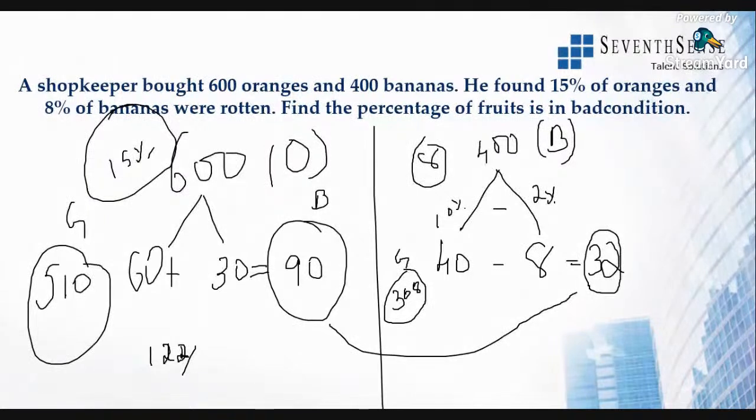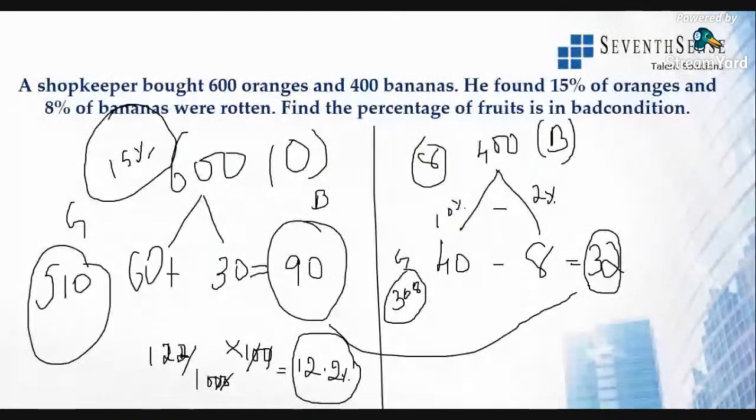Total fruits is 1000, into 100, so two zeros get cancelled. So 122 by 10 will be 12.2%. 12.2% of the total fruits are in bad condition, that is rotten. 15% of 600 is 90, 8% of 400 is 32, together 122. So it is 12.2% which is rotten.